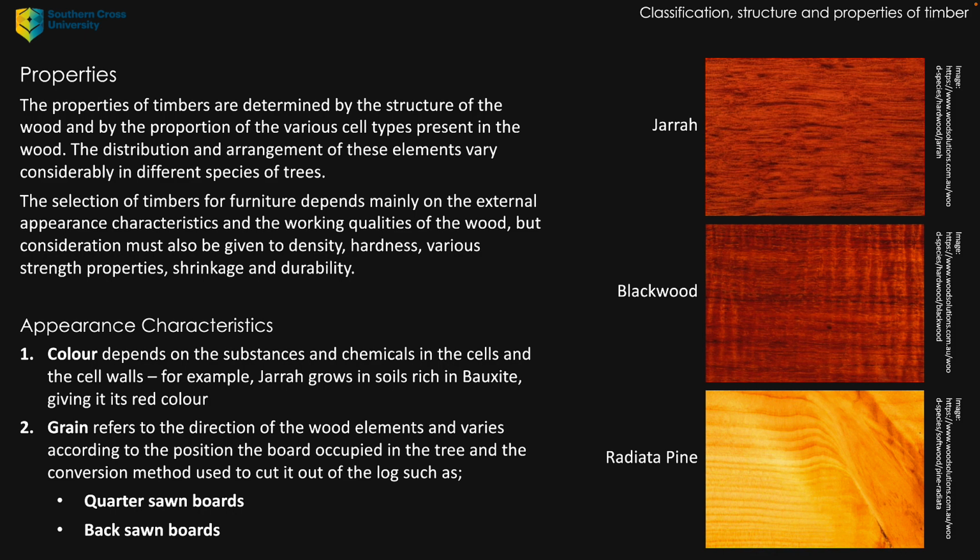And you can see a good example of it towards the top. The second one there is blackwood, and it can vary. That particular one is more on the red side. It can vary between dark browns, light browns, and sometimes you can even see something more of a yellowy brown.